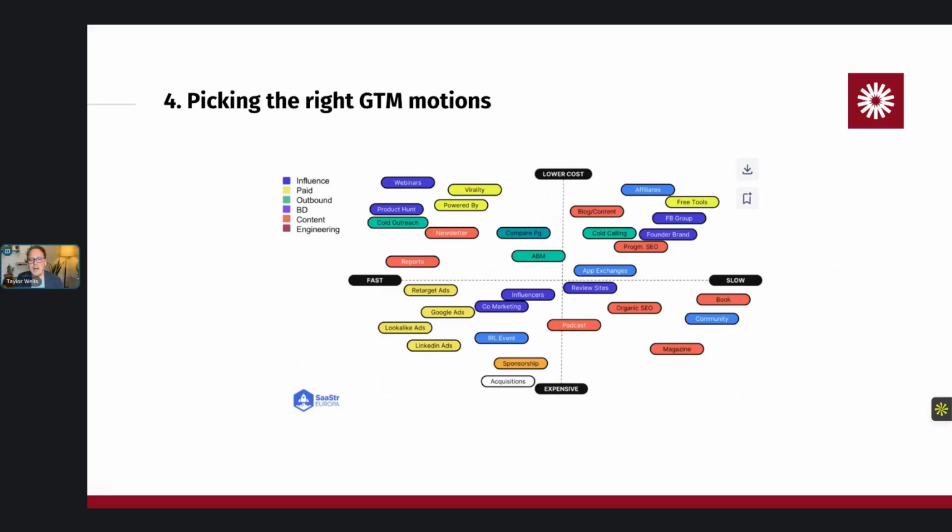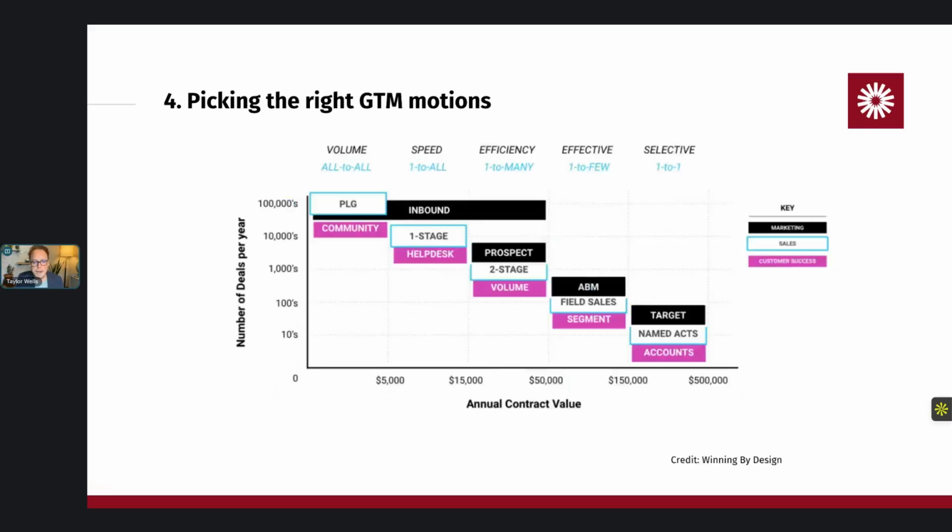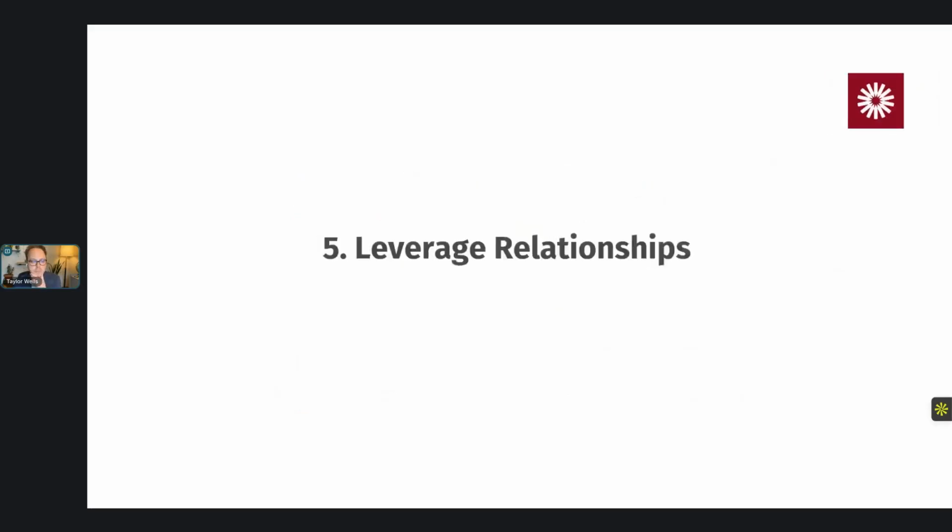You have a few accounts you're going after and you're trying to capture them on Google search. Not a good strategy. That's more of an inbound play where, if you have 5K deals and hundreds of thousands of potential customers, then yes, doing an inbound approach with SEO might be great for your strategy. So number one, picking the right GTM motions.